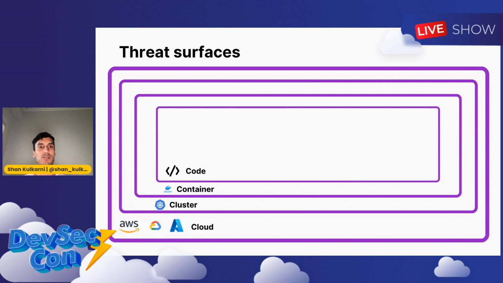And then the last layer up from this is the actual underlying infrastructure that your Kubernetes cluster runs on. If you're running serverless Kubernetes, let's say EKS on Fargate if you're on AWS, or let's say Knative or Fission, you probably don't have to worry about this because you're abstracting it away to the cloud provider's shared responsibility model. But if you are managing the underlying infrastructure of your Kubernetes nodes, this is an added threat surface that you need to be really careful about locking down.